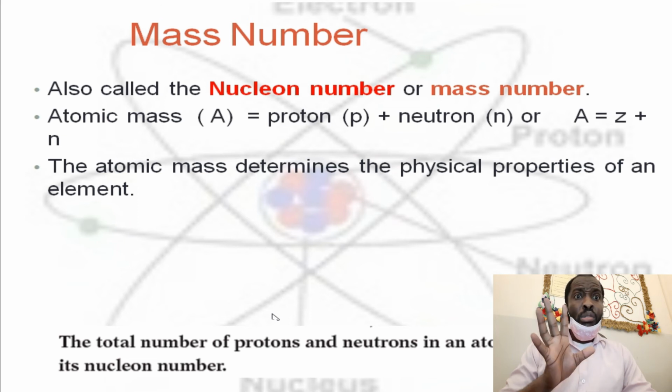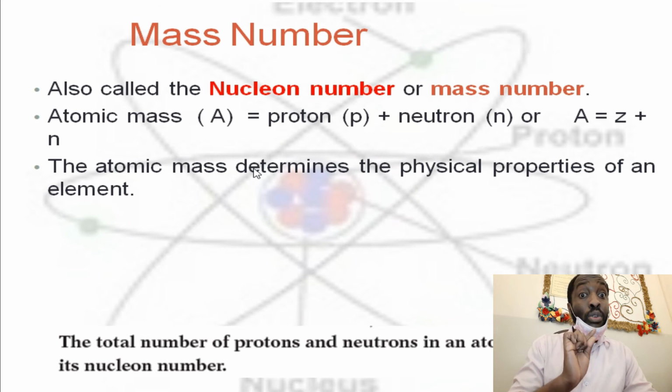I also want to clear a misconception that usually arises between the mass number and the atomic mass. The atomic mass is actually the weighted mean of all naturally occurring isotopes of an atom, and the atomic mass is usually a decimal number.